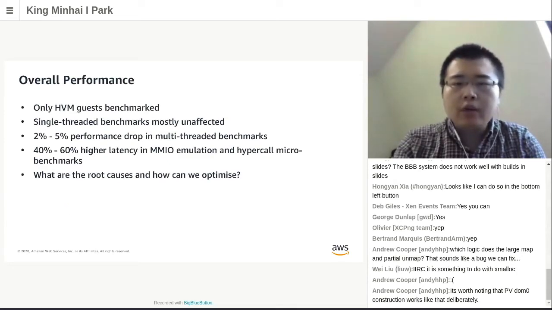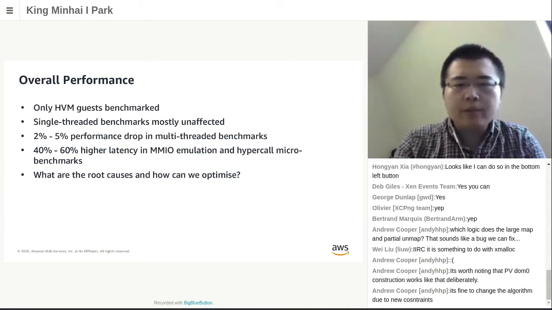For now, I haven't done a lot of comprehensive benchmarks, but mostly I've done HVM benchmarks. The good news is that for single-threaded benchmarks, mostly CPU-heavy benchmarks, they are basically unaffected.